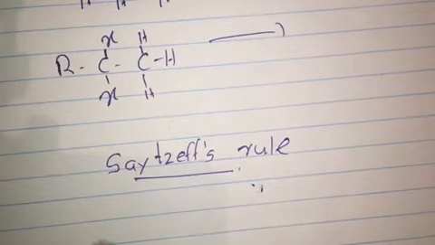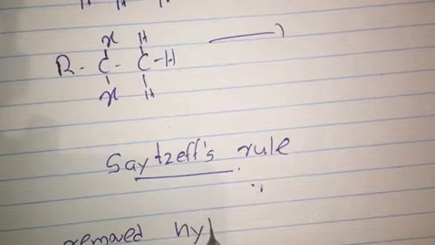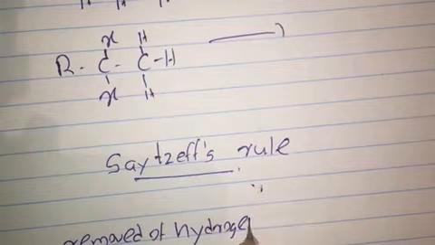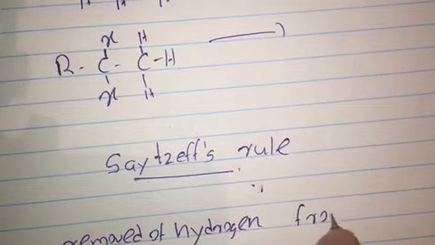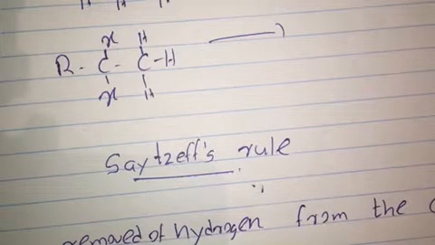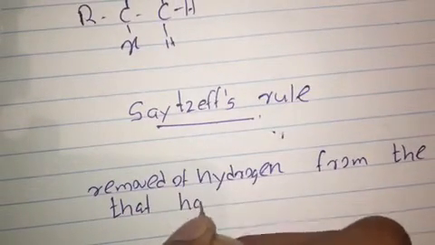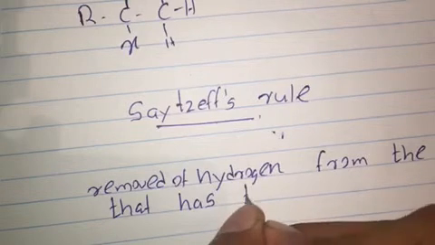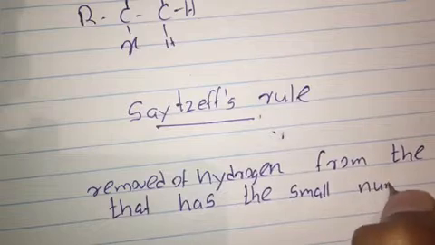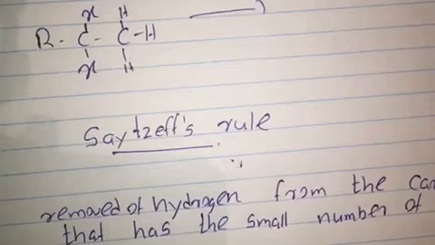According to this rule, hydrogen is removed from the carbon that has the smaller number of hydrogens.